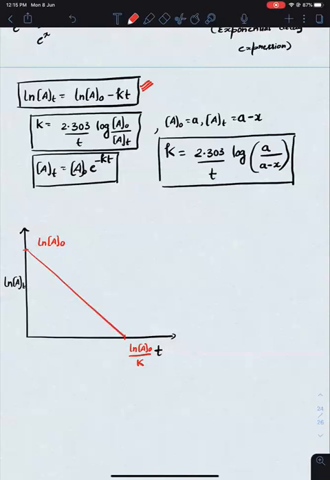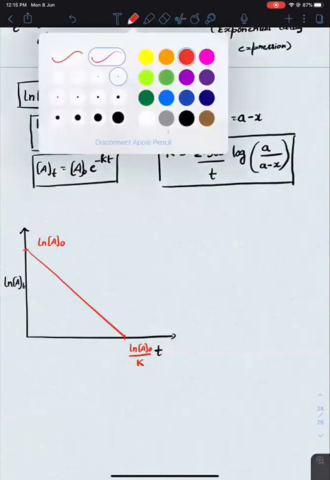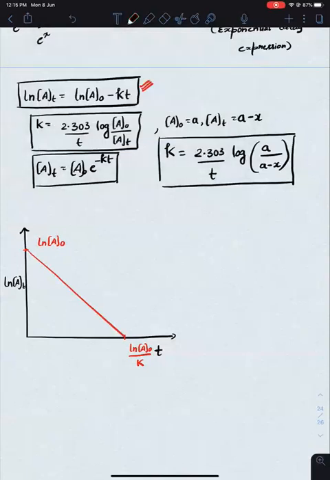So this is the graph for ln At equals ln A naught minus kt, जिनका slope है, slope of this graph m is equal to minus k. In the examination they will be giving you the graph and they will ask you to find the rate constant of the reaction.